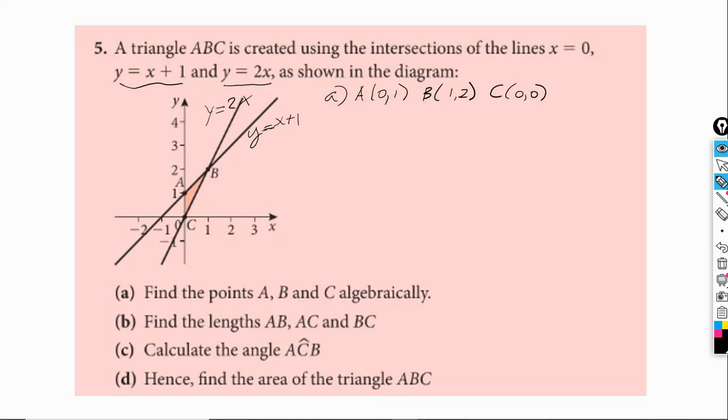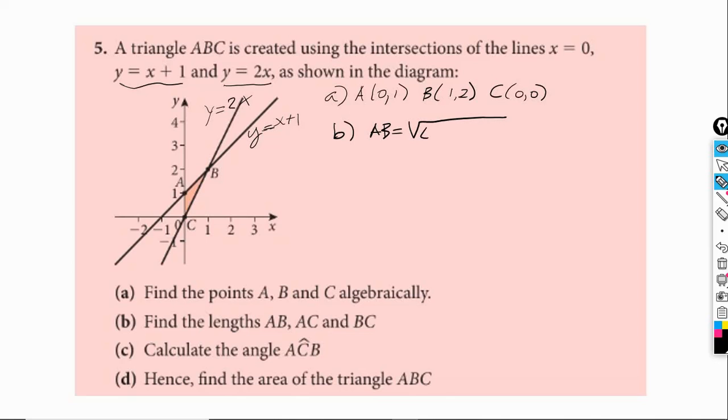Very well, now they ask us to find the lengths AB, AC, and BC. So length AB, for this we can use the distance formula. So length AB is going to be the square root of difference in x squared plus difference in y squared.